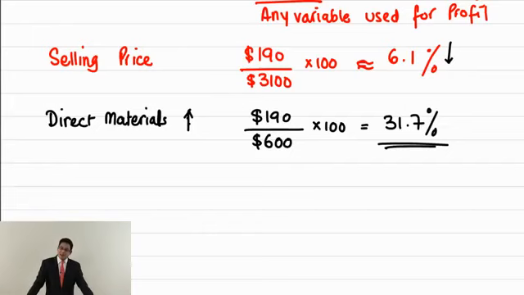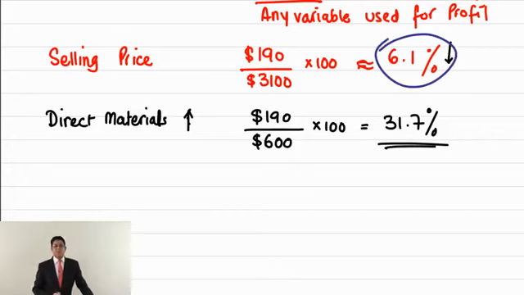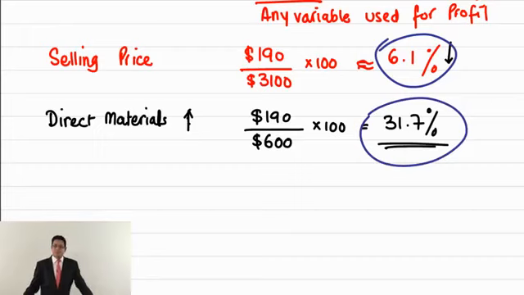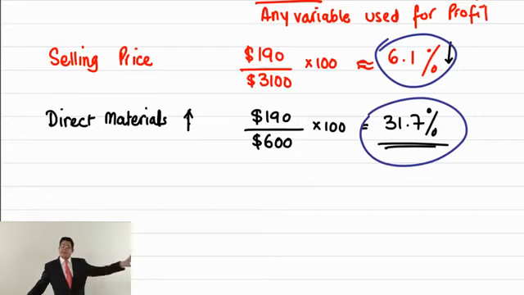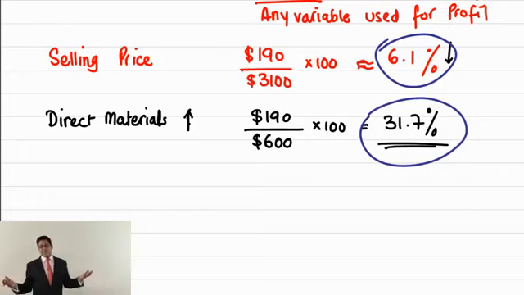Okay, and likewise you can compare it with the labor cost as well, and with the variable overheads as well. So the comparison is like this. Generally the idea is you can see a smaller percentage, 6.1%, and here you can see a greater percentage, 31.7%. So a smaller percentage reflects greater risk, meaning only a 6% change will make this product unviable, and a 31.7% change will make this product unviable.